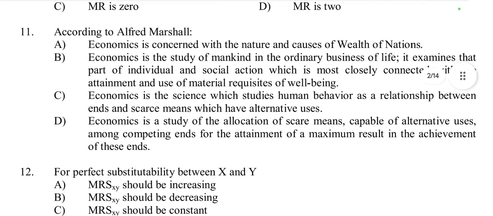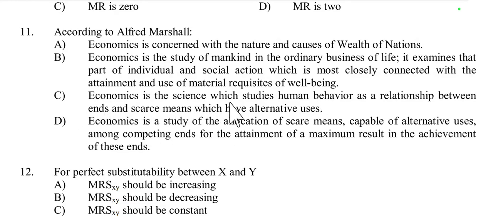Then question number 11: according to Alfred Marshall, what happened? Economics is concerned with the nature and causes of the wealth of nations. No, this was given by Adam Smith, Wealth of Nations. Economics is the study of mankind in the ordinary business of life. It examines that part of individual and social action which is most closely connected with the attainment and use of material requisites of well-being.